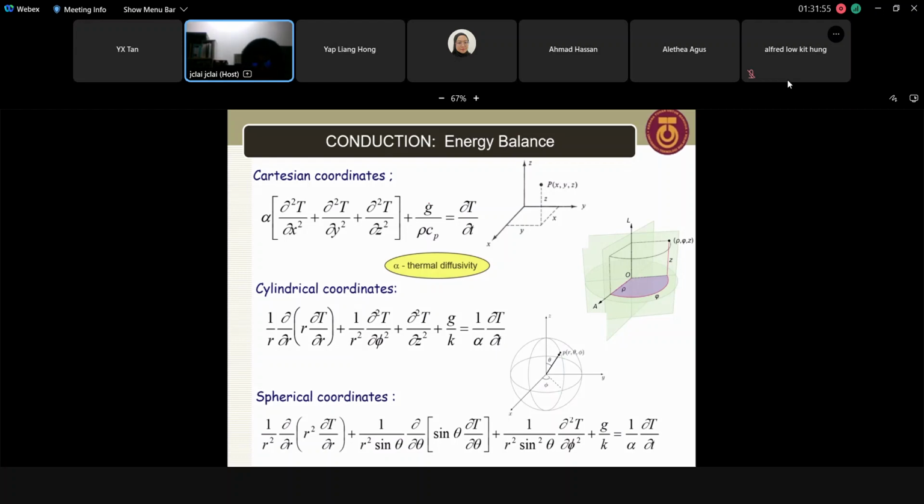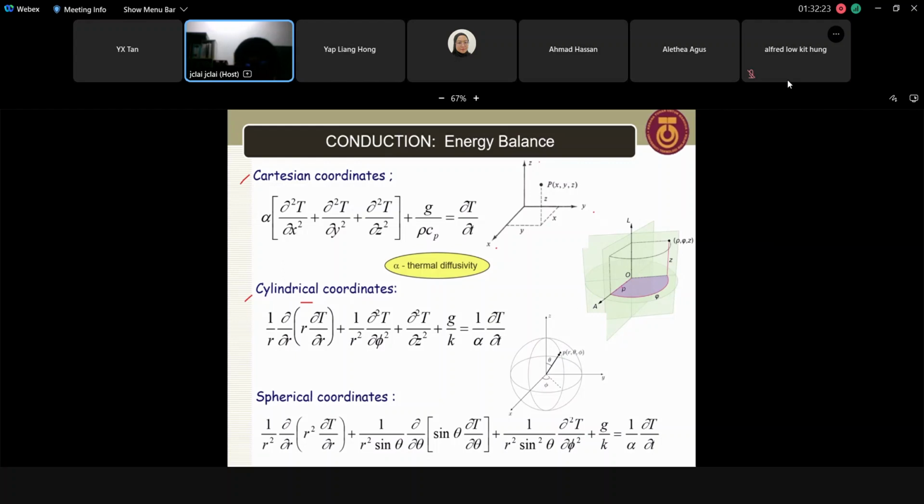You were exposed to three types of coordinate system. Cartesian, this one we are very familiar with, the typical X, Y, and Z axes, three-dimensional. Then we also refer to cylindrical coordinates.